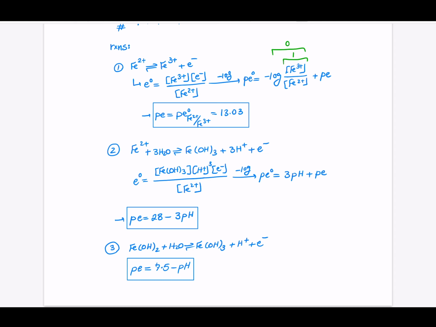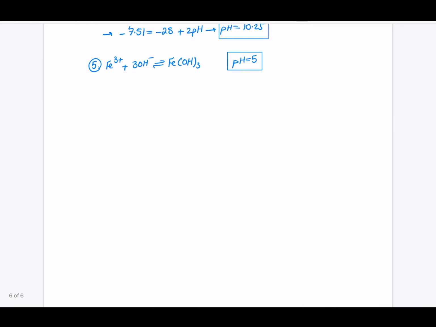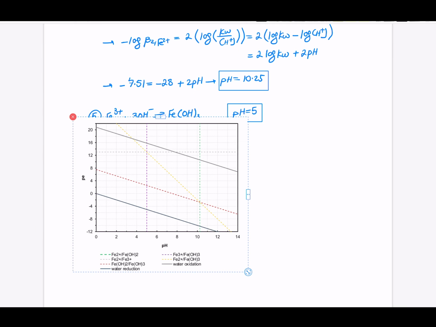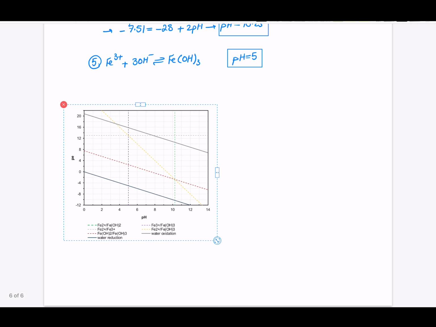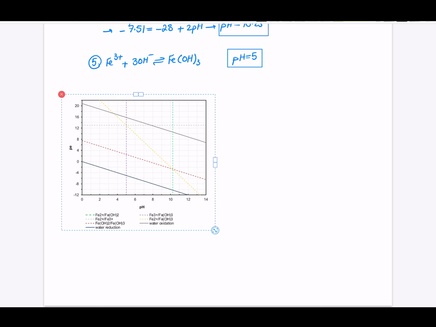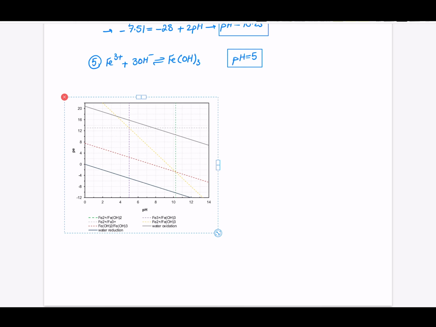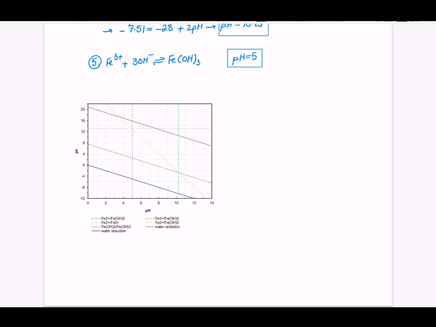If we go to Excel and put all of these lines together, this would be the actual line without erasing any part. So just keep in mind, without erasing any part. So the first line, the 2 horizontal lines, 2 vertical lines, and 2 lines that have the components of PE and pH.